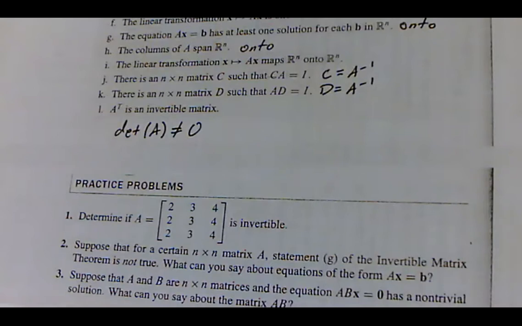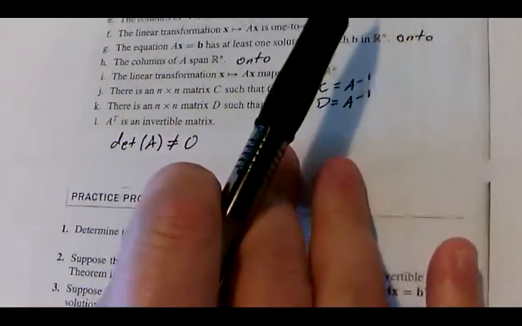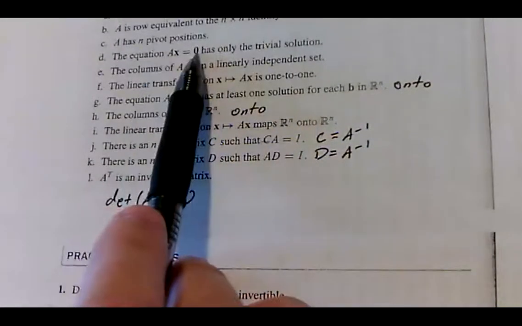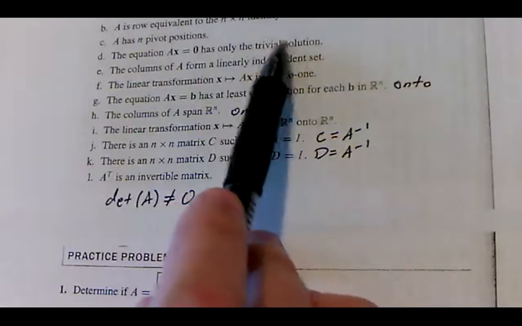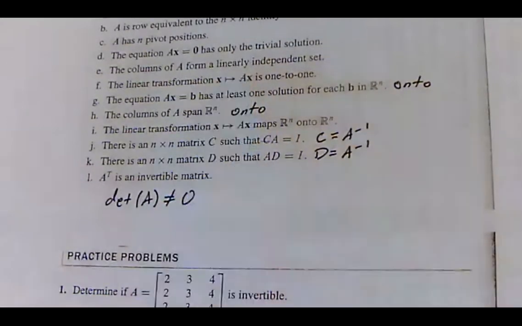Okay, some of those equations may be inconsistent. Not all, right? Remember, we're going to have free variables. If statement G is false, then everything else is false, right? AX equals 0 has a non-trivial solution. So if it has a non-trivial solution, then there is going to be a free variable.